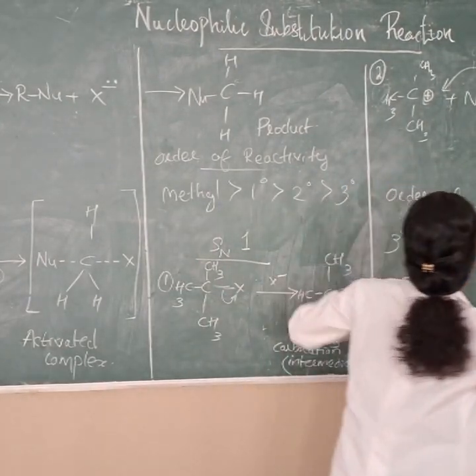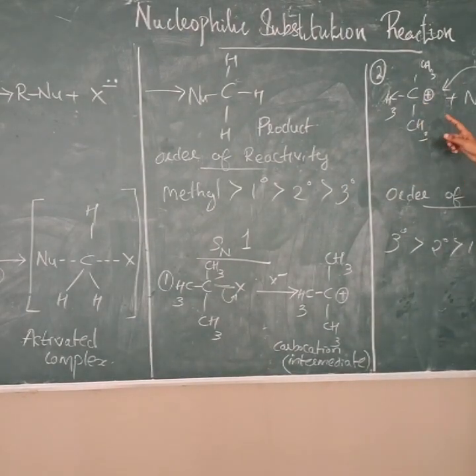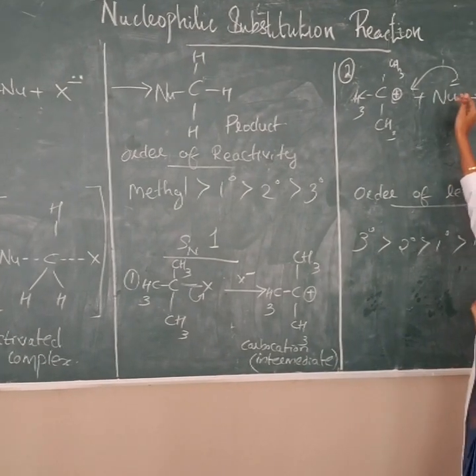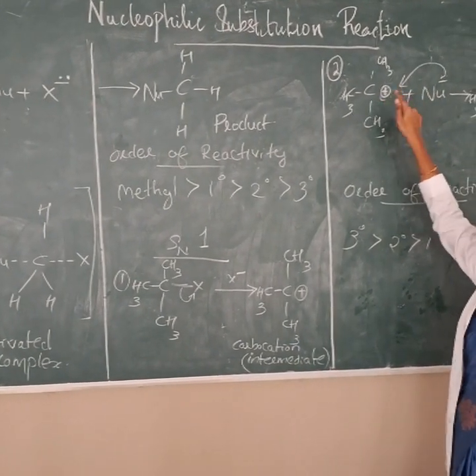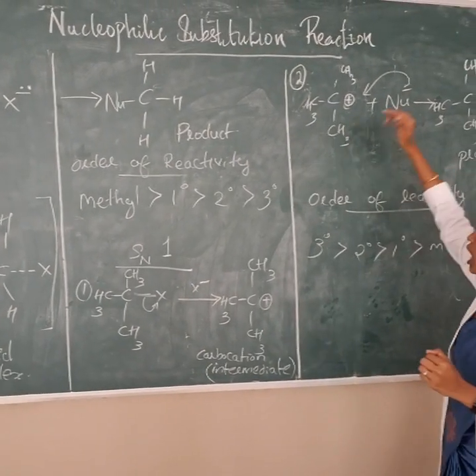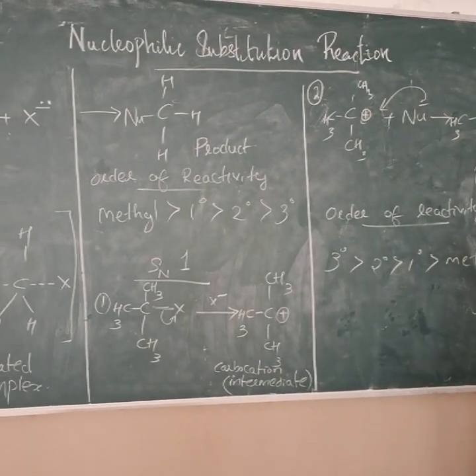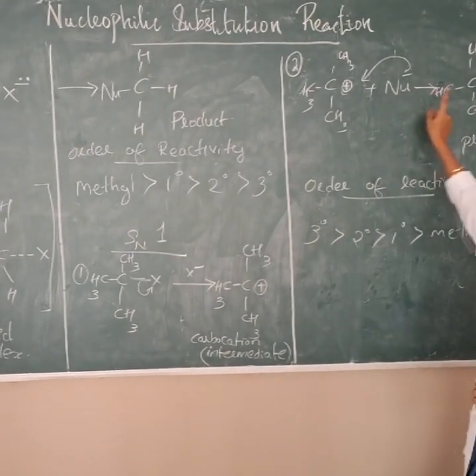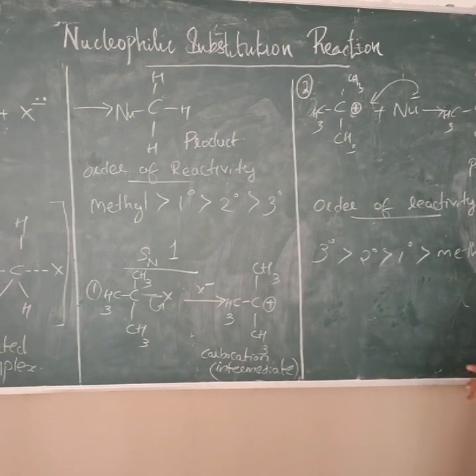And this carbocation intermediate reacts with the nucleophile. The nucleophile is electron rich, so it can easily attack this electron deficient carbocation center, and it will directly form a new bond. Here the substrate and this product both have the same configuration.